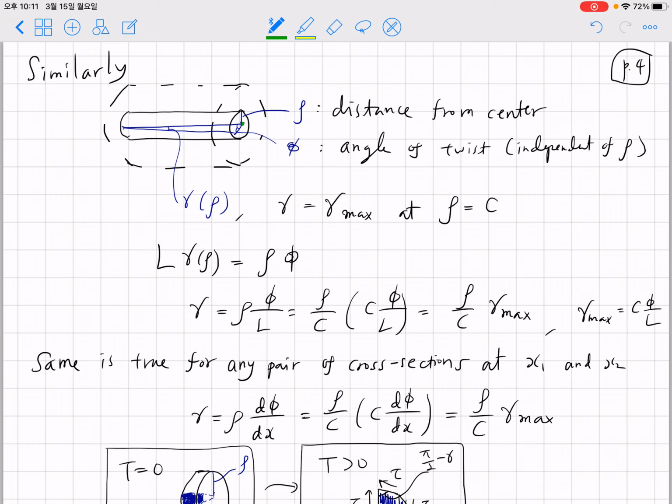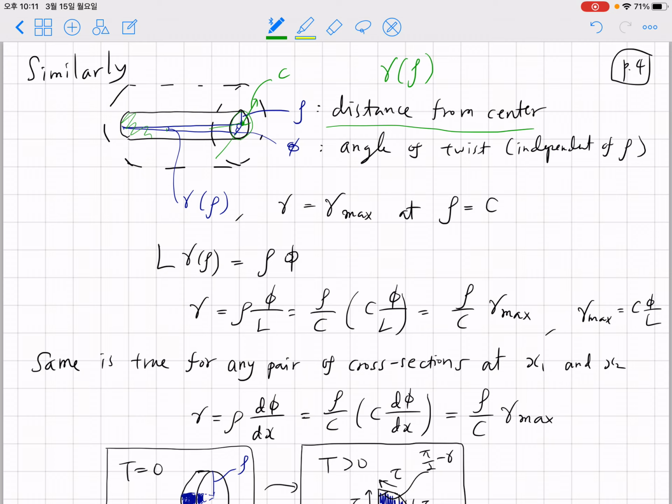Now, instead of considering the shear strain at the surface, we can think about shear strain inside. Here the original radius is C, but I'm taking a point with radius rho, which is the distance from the center, and the twist angle must be the same as on the previous page. However, the shear strain at a smaller diameter, this imaginary surface, is small. So the shear strain must be a function of rho, the distance from the center.